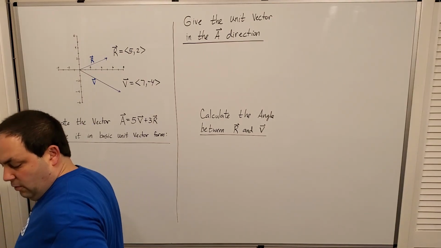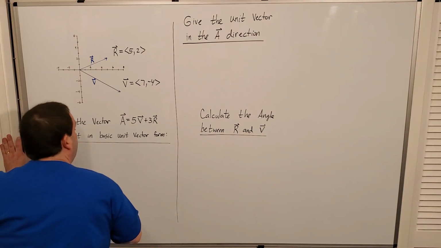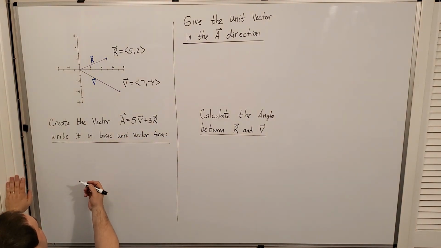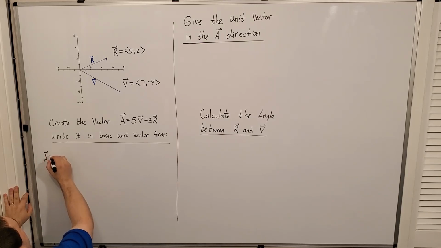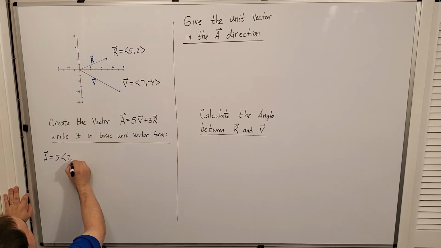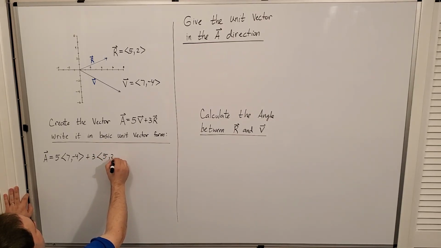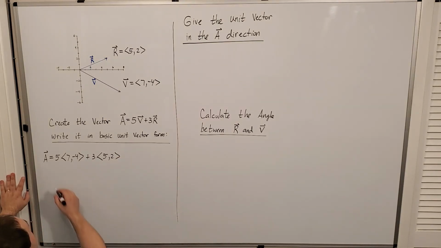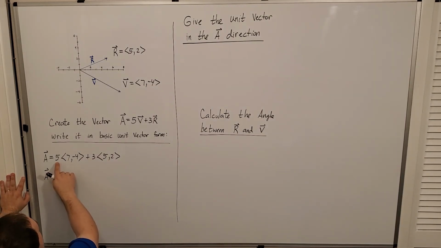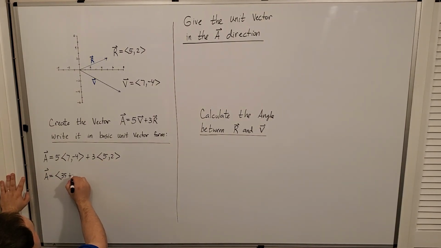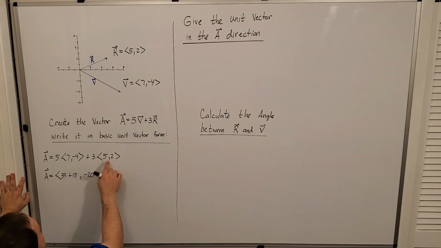Okay, so now we need to create the a vector. A is 5v plus 3r. So a is going to be 5 times 7, negative 4, because that's v, plus 3 times 5, 2. Okay, so a is going to be 35 plus 15 and negative 20 plus 6.